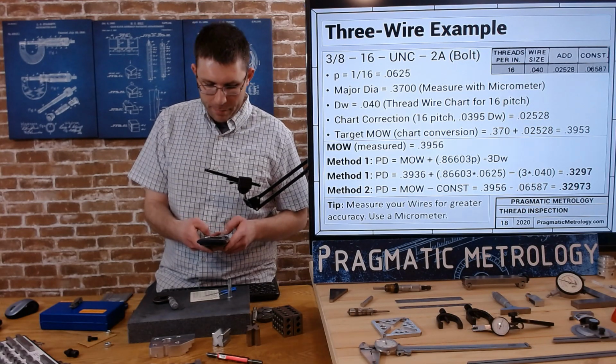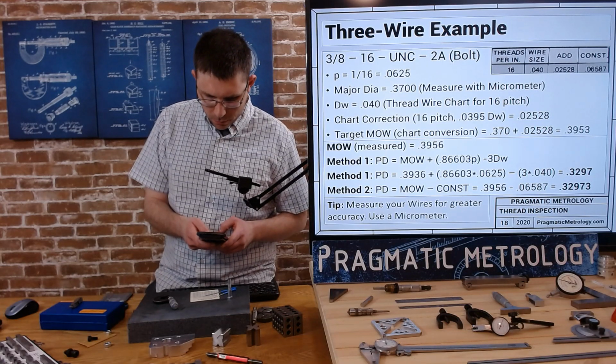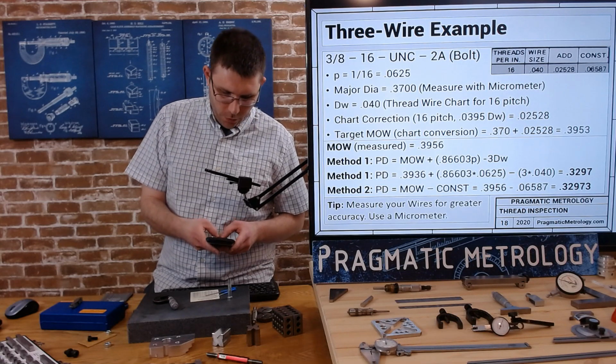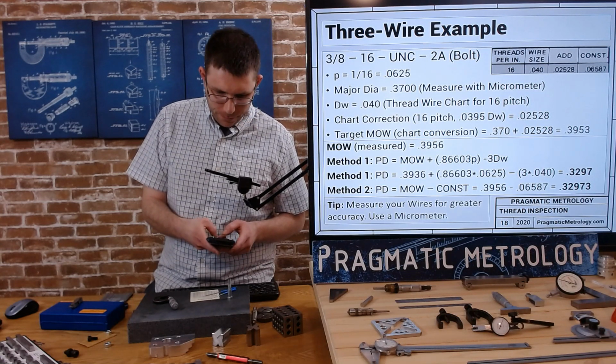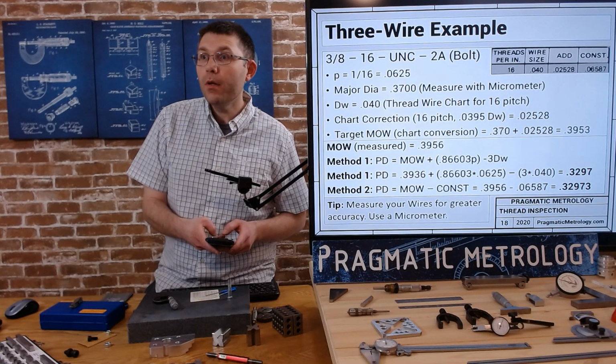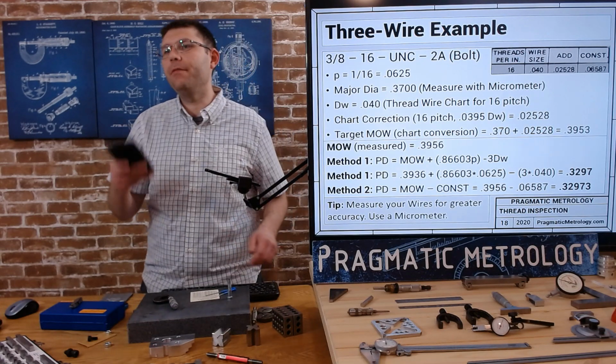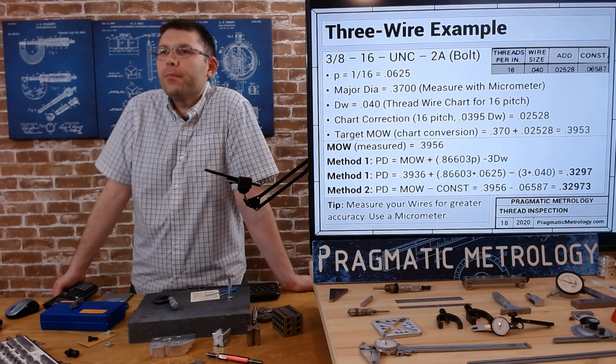And then we're going to add my pitch diameter, 0.3925. And I get 0.3266. I have different numbers than up on the screen.